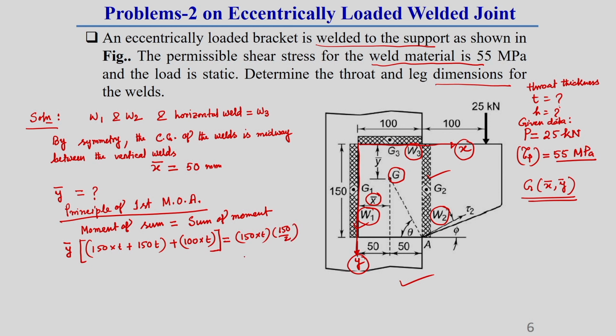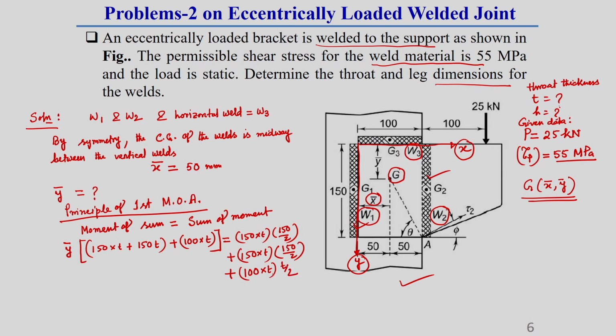This is the first moment of area, plus the second weld W2, which also has 150 into T and CG distance 150 by 2 again, and the horizontal weld 100 into T, whose CG distance is generally T by 2.